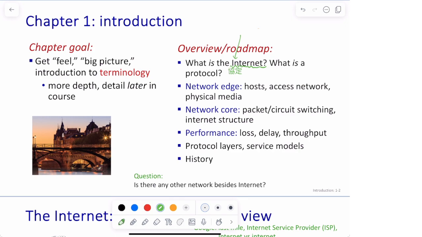So different expertise will focus on different layers, and they all come together to build up the entire computer networks. And at last, we will talk about a story about computer network history.